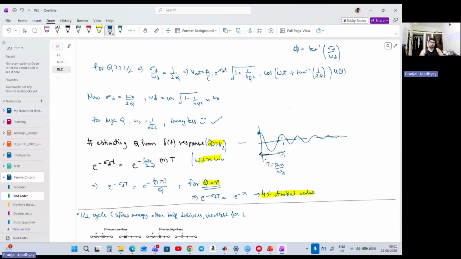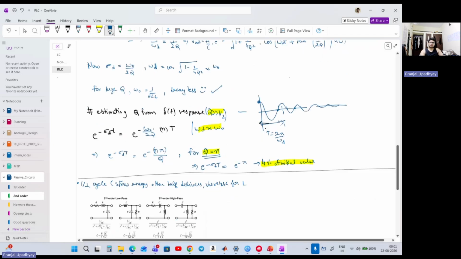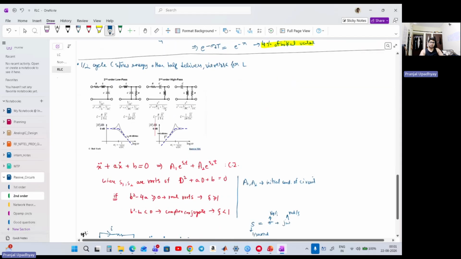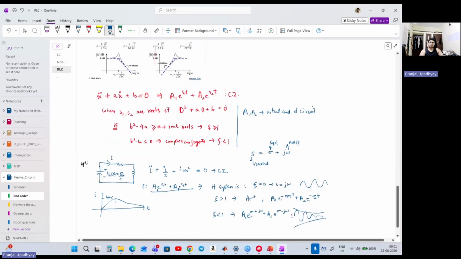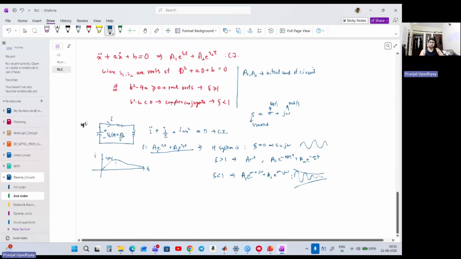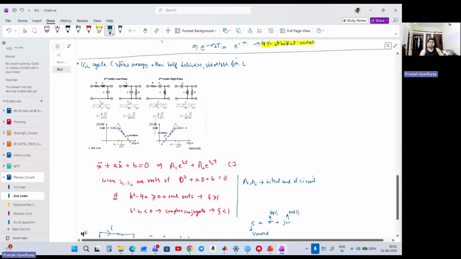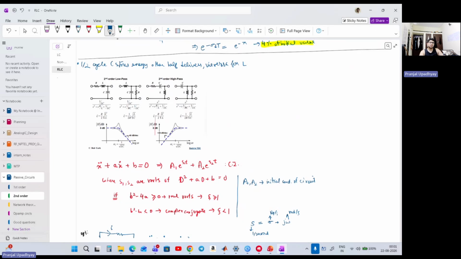Cool. Now, moving on to the next discussion. I'll just see what other discussion is left here. So again, in an RLC circuit, for half a cycle C stores energy, and for the other half cycle L stores it. I think all these things we know. It is basically the statement for an LC circuit. Now, this is a second order low pass.